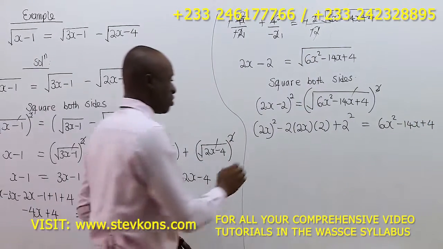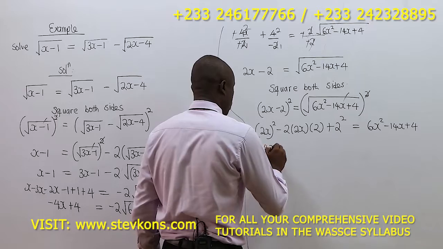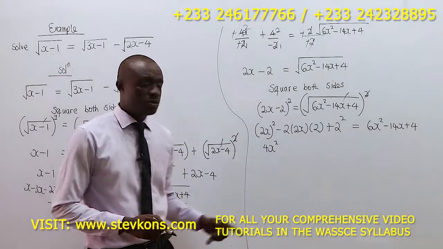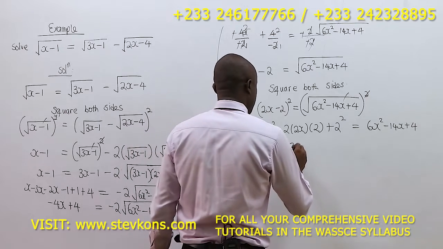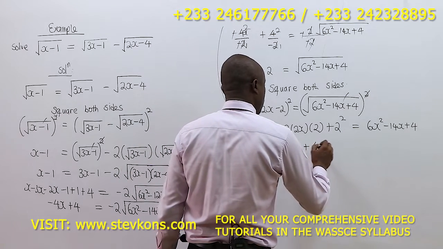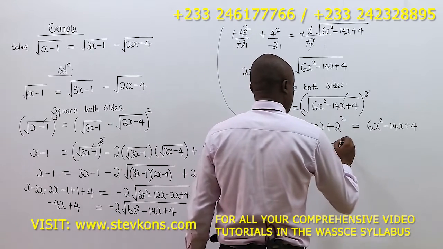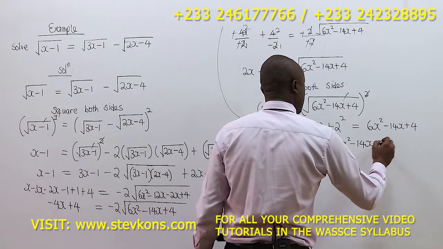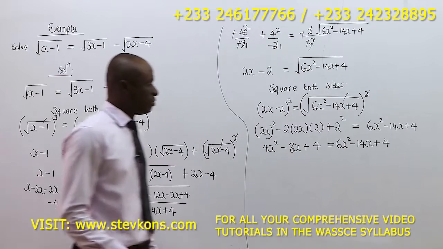Now 2x all squared is 4x squared. 2 times 2 is 4, 4 times 2 is 8. So we have negative 8x, 2 squared is 4, equal to 6x squared minus 14x plus 4.